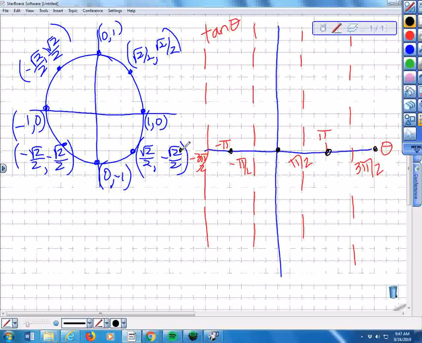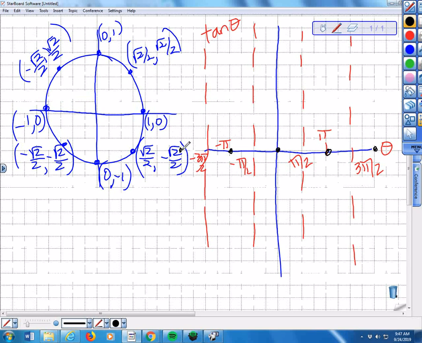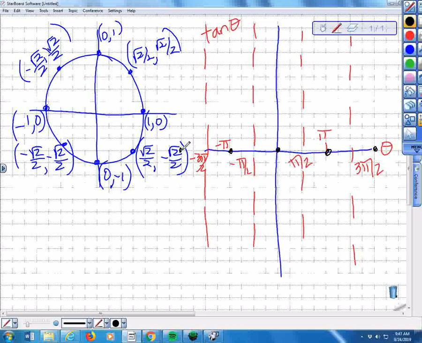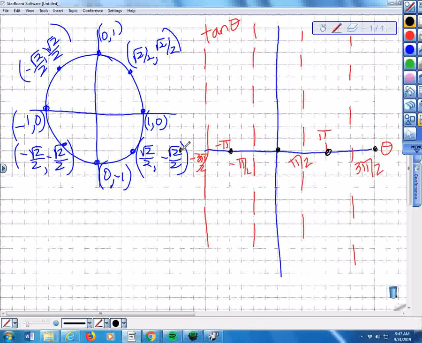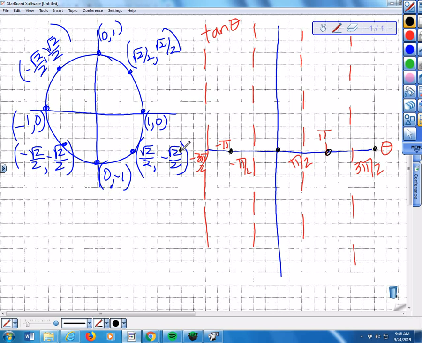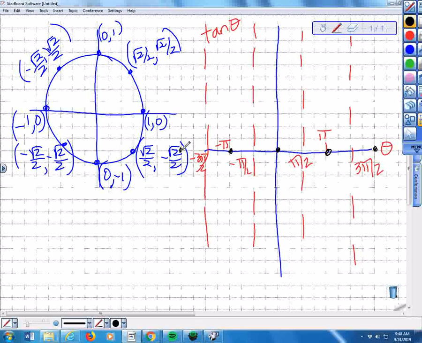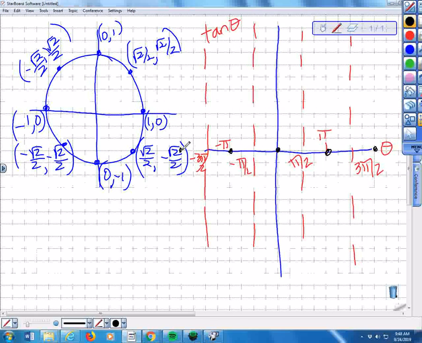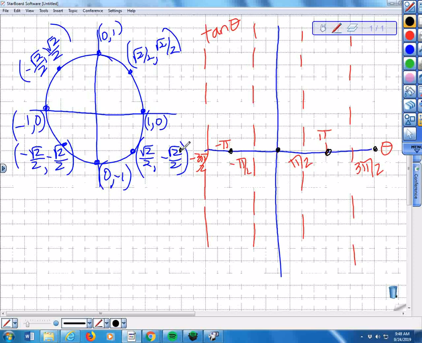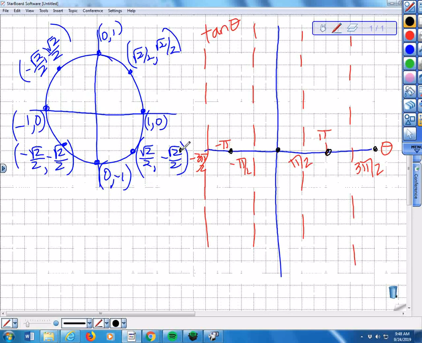Okay, so the issue now is I've used all of my axes, my 90-degree coterminal angles, and I just have points. So for me to do the rest of it, I'm going to have to use that 45, that pi over 4 angle. And at pi over 4, what's tangent? 1. And at 3 pi over 4, negative 1. 5 pi over 4, positive 1. 7 pi over 4, negative 1.